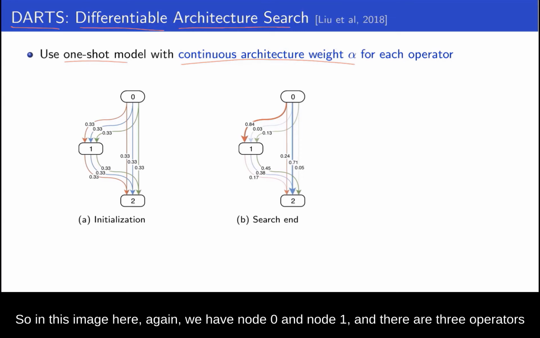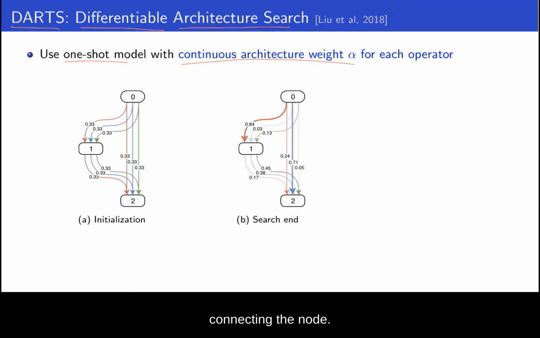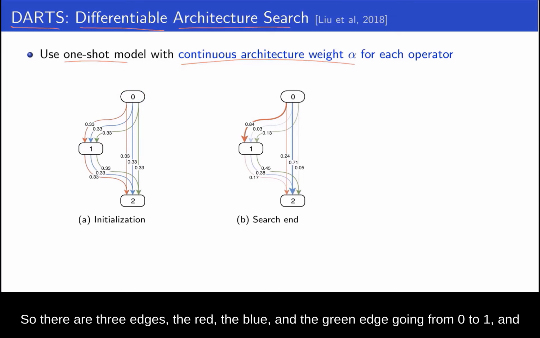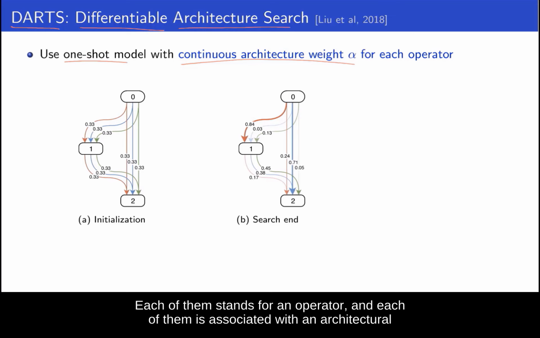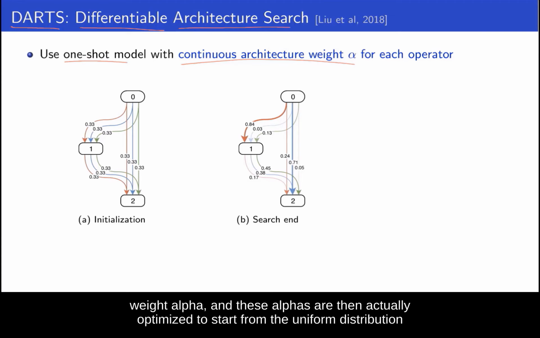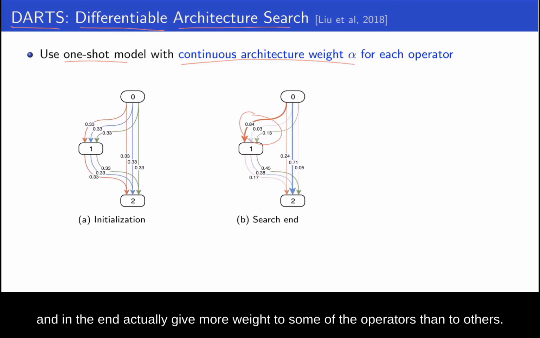So in this image here, again, we have node 0 and node 1, and there are 3 operators connecting the nodes. So there are 3 edges, the red, the blue, and the green edge going from 0 to 1. And each of them stands for an operator, and each of them is associated with an architectural weight alpha. And these alphas are then optimized to start from the uniform distribution and in the end actually give more weight to some of the operators than to others.